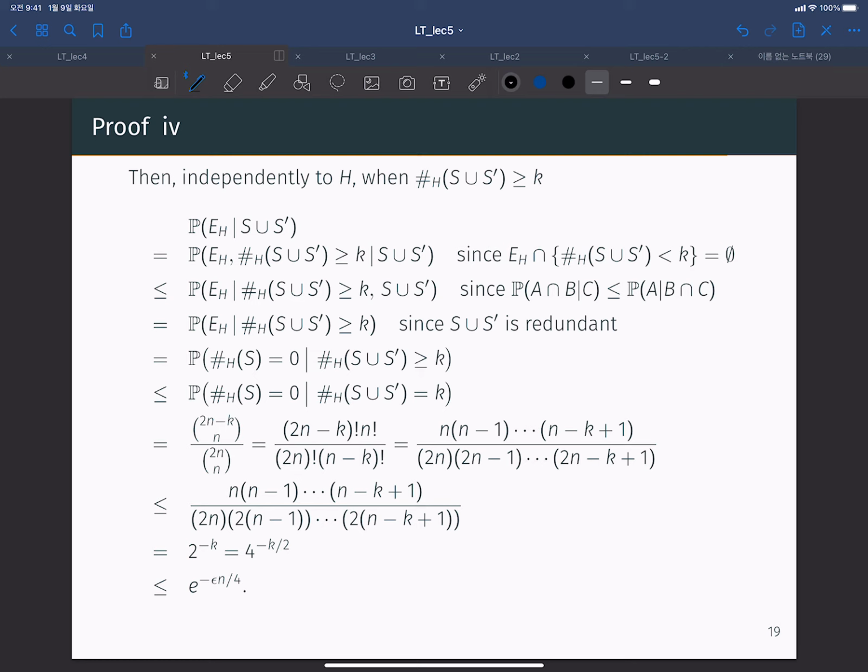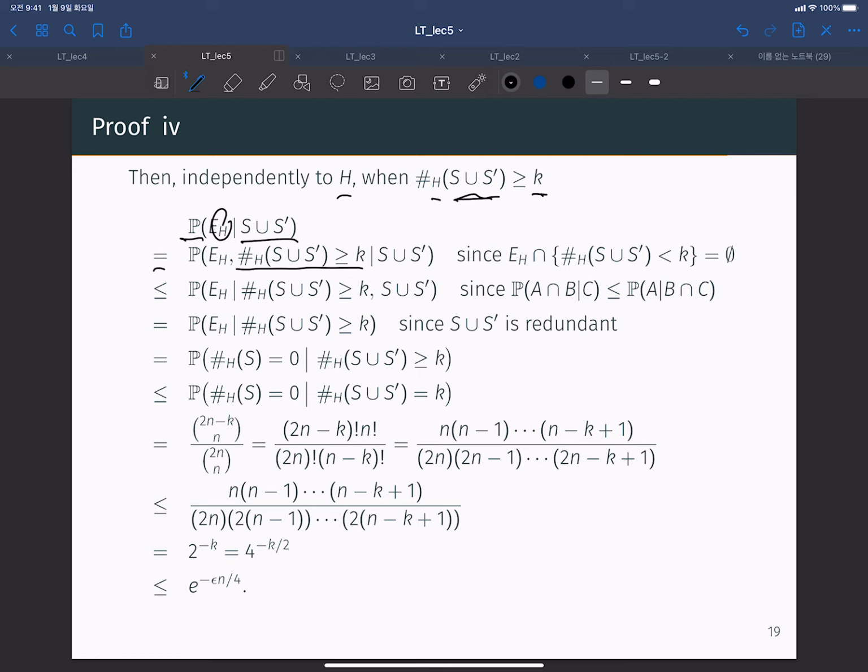Then, independently of hypothesis H, consider the 2 times larger sample set, the union of S and S prime. When the number of samples belonging to H from this union set is greater than or equal to k, what is the probability that EH holds for the given S and S prime? From the definition of EH, we can add this condition here with an equal sign.